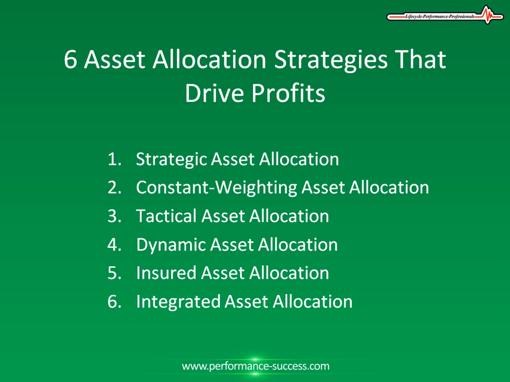Integrated asset allocation, on the other hand, includes aspects of all strategies, accounting not only for expectations, but also actual changes in capital markets and your risk tolerance. Integrated asset allocation is a broader asset allocation strategy, albeit allowing only either dynamic or constant weighting allocation. Obviously, an investor would not wish to implement two strategies that are competing with one another.